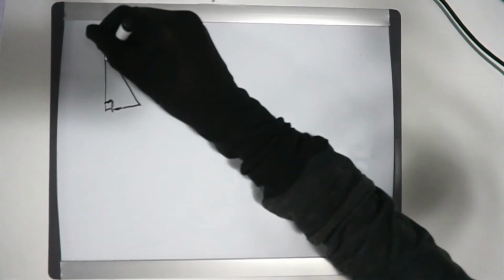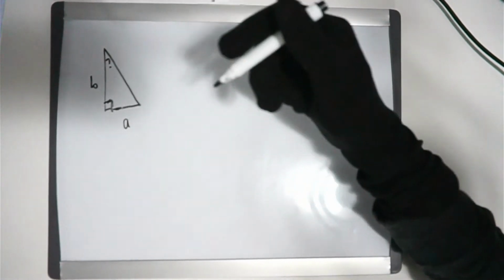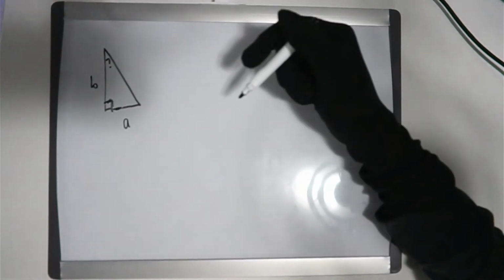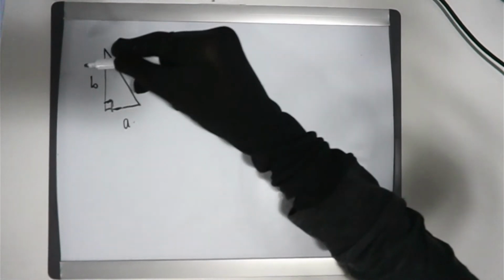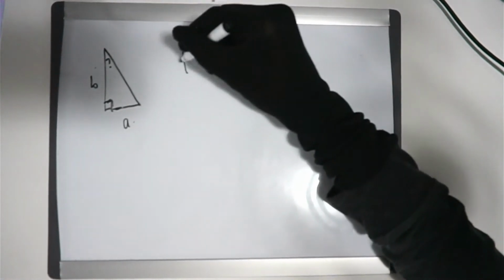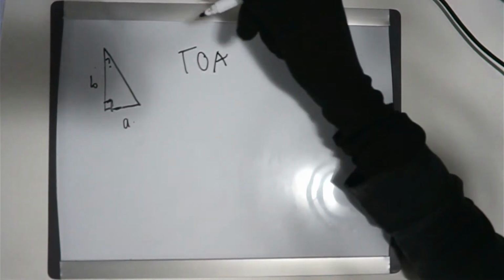So if we were trying to find this and we had this and this, then to find that usually you have to use tan, because it's the opposite side and the adjacent side. So if we list that, it would be tan, opposite, adjacent, which is TOA.